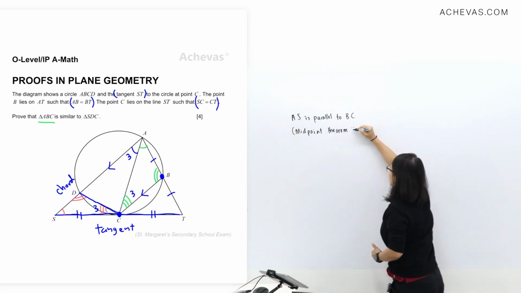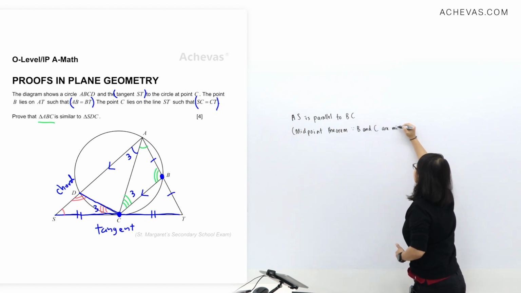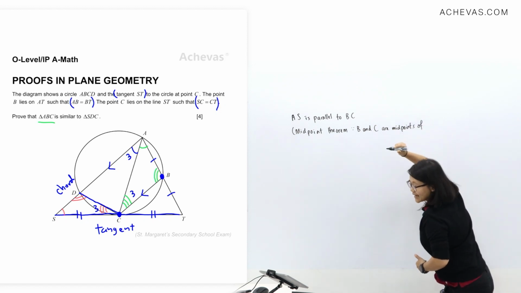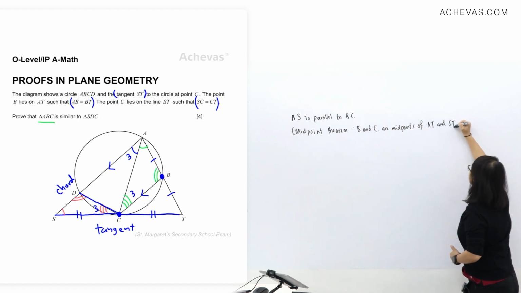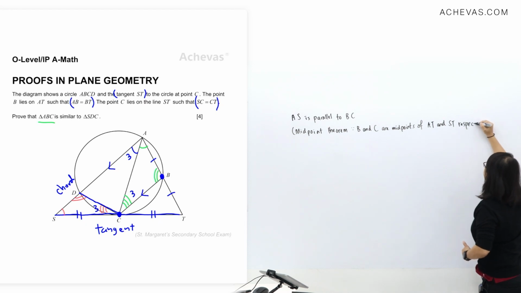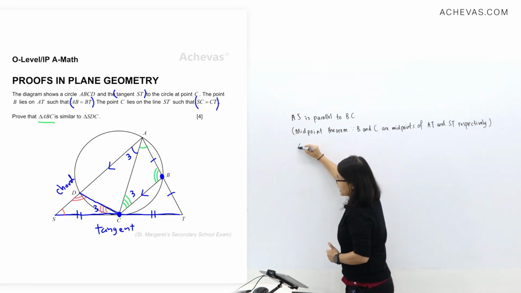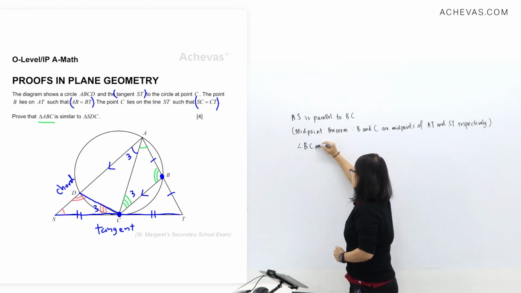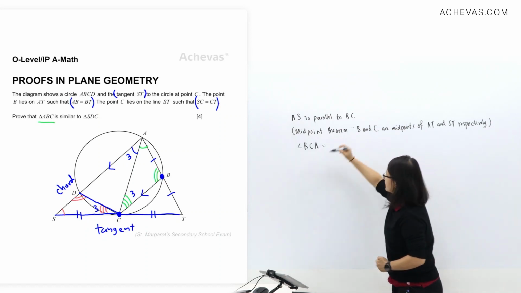I'm going to write a bit more: because B and C are midpoints of AT and ST, respectively. And using alternate angles, now my next line here, I'm going to write angle, the green one, number 3, BCA, equal to the blue number 3, which is CAD.